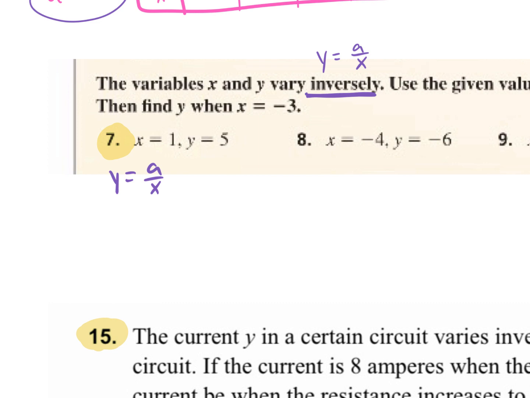How would I find what a is? Plug in the variables. So I can plug in 1 into x and 5 into y. So 5 is equal to a over 1. Multiply 1 on both sides, which is just 5. So a is equal to 5. So my equation would be y equals what?